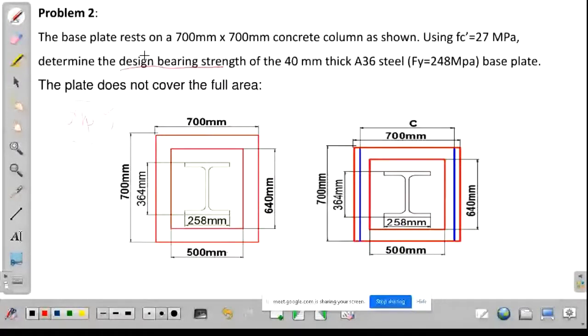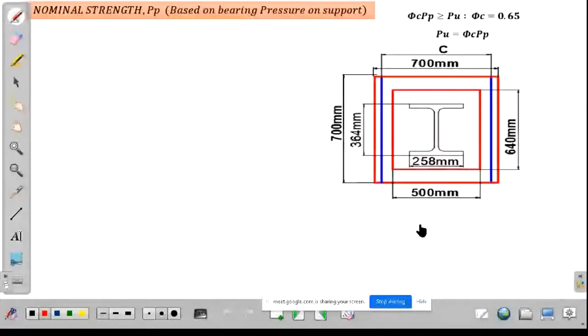So, for our solution, based on the bearing pressure on our support, sabi natin, yung ating plate does not cover yung full area.